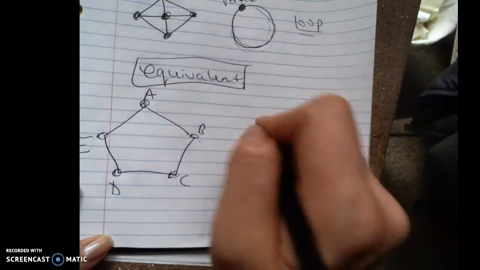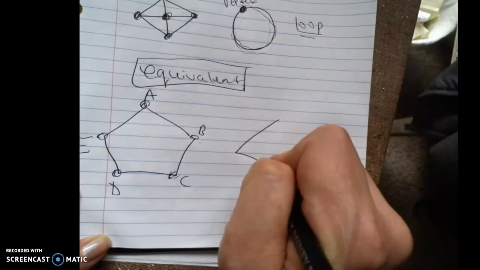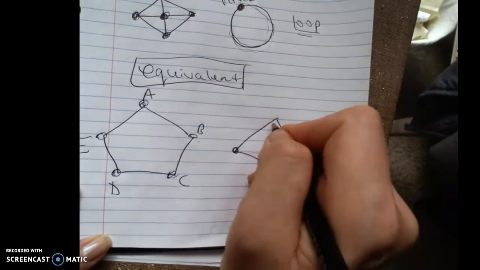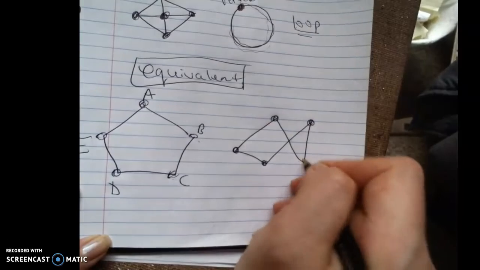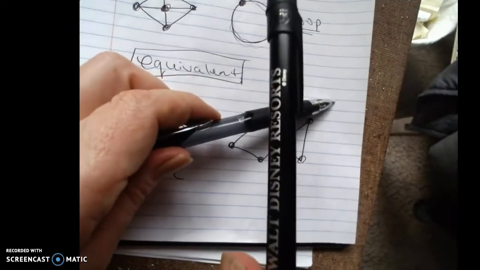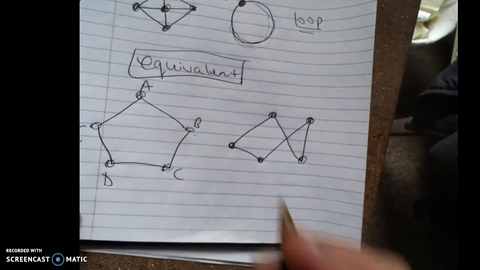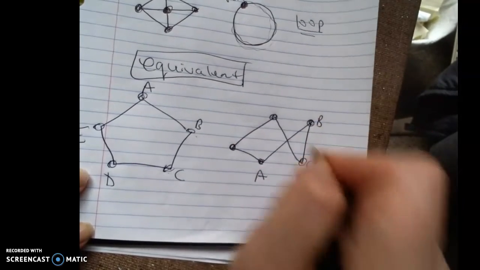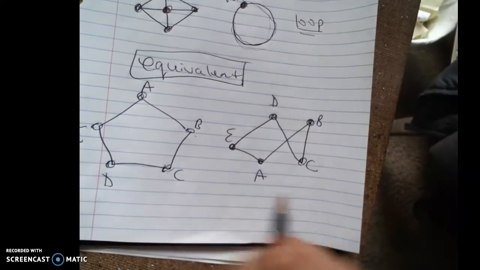And then I could draw another one. Maybe it looks like that. Again, that is not a point. That's, again, like an overpass. They look like they cross, but one's above the other. And say I put A, B, C, D, E. Let's look.